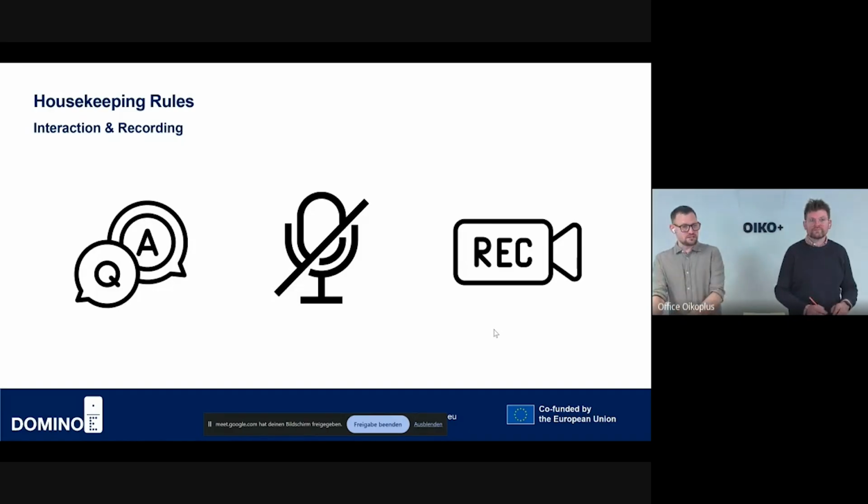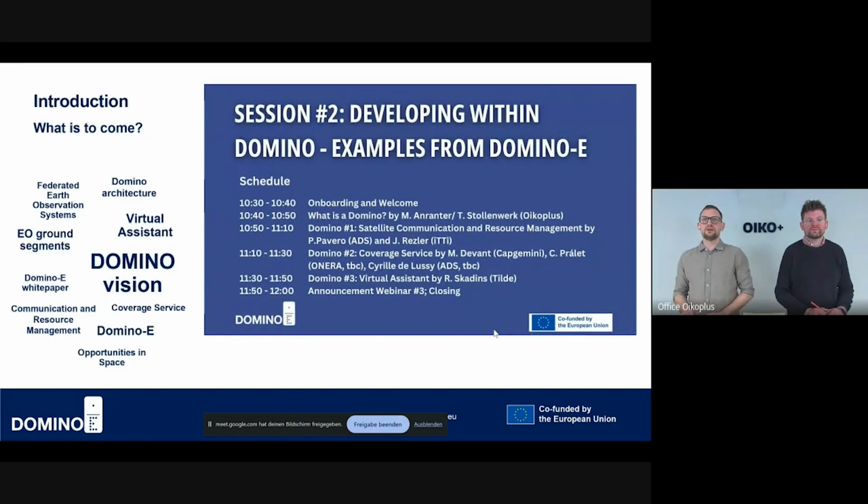I think we can basically go to what we are going to explore in the very next 90 minutes. We will start with a very, very brief discussion once again on what actually is the domino architecture and what makes a domino. Jean-François Vinuesa from Airbus did a very nice presentation on that last time, but in order to have everybody on the same page, we will do a very brief introduction on these two topics once again in the beginning.